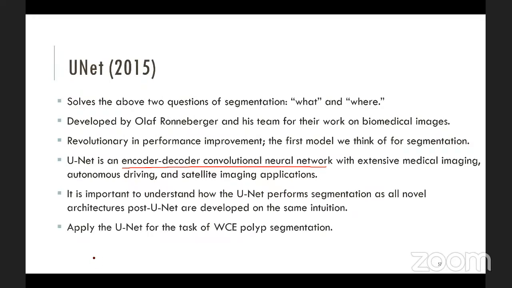So why have I chosen this UNet today? We will discuss it in detail, because all those novel architectures that are coming actually have UNet as an intuition somewhere. For example, 2 UNets connected in a paper we are going through become your WNet.